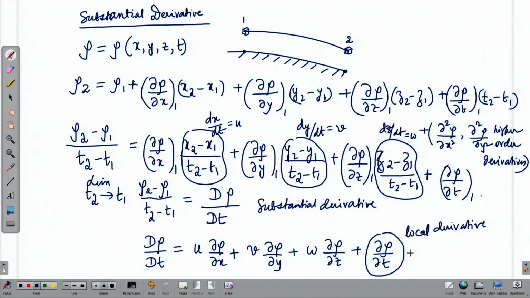We have talked about transient variations in the flow properties at a specific point in the flow.